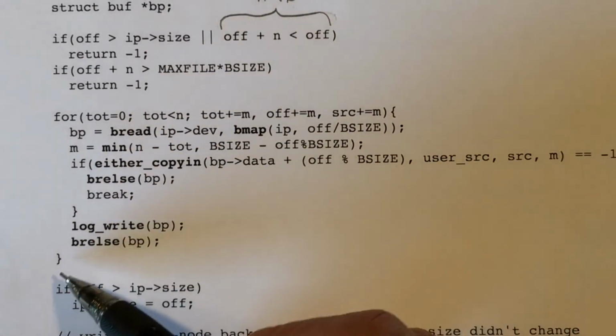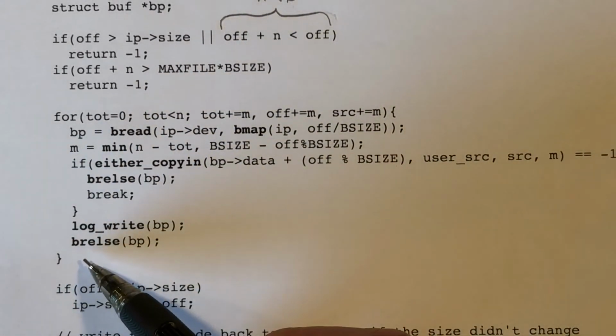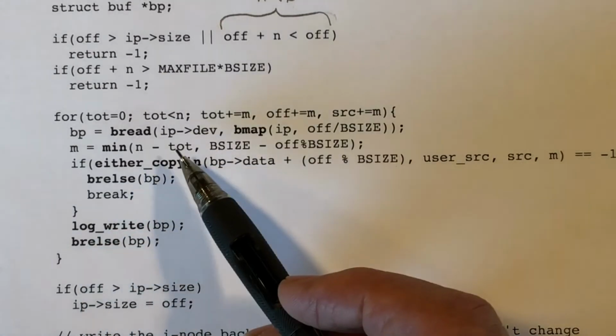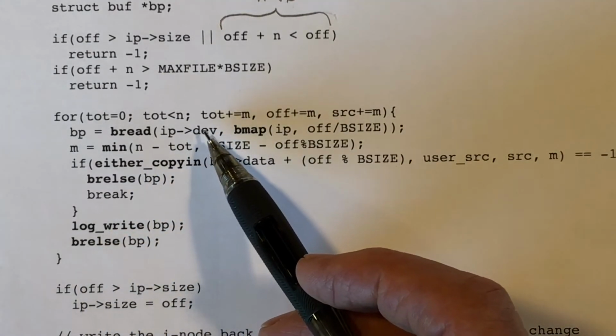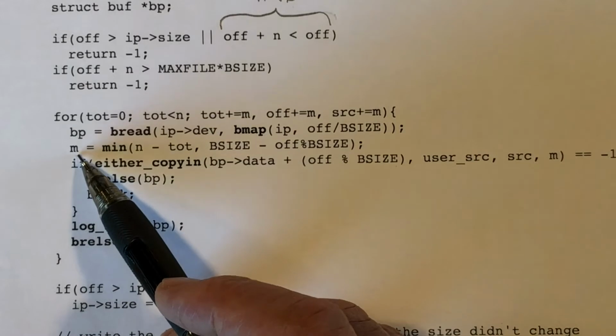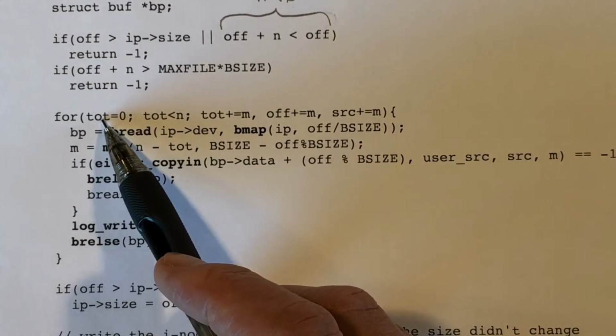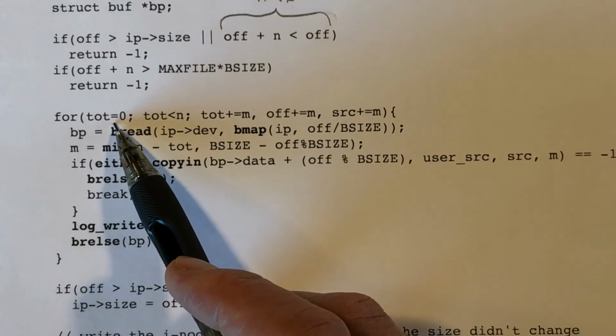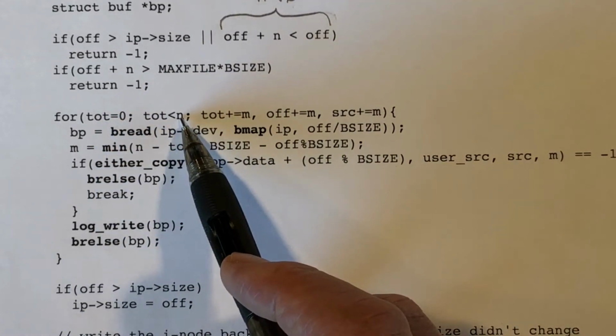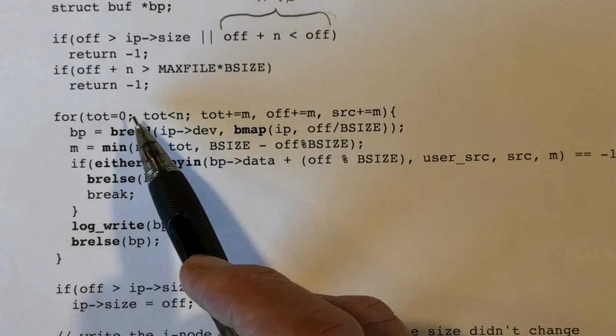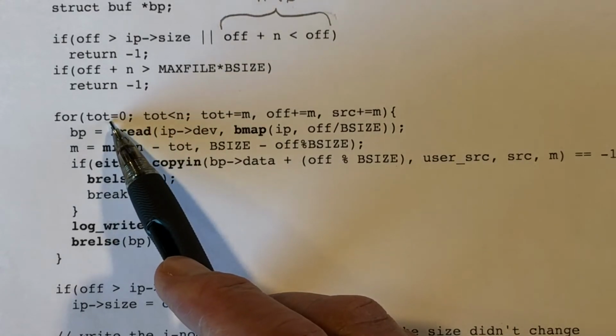The loop here is roughly the same as we saw in read-I. We're going to break the transfer into a number of chunks of size m. We start with the total number of bytes transferred so far, that's 0, and we'll stop when we've transferred all n bytes, and we'll ultimately return this total number.